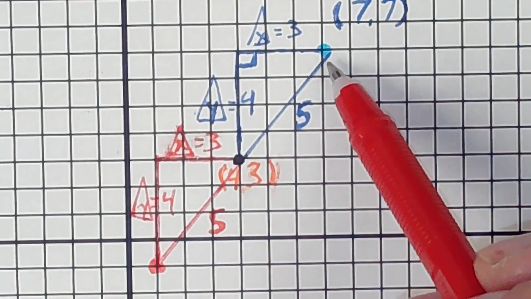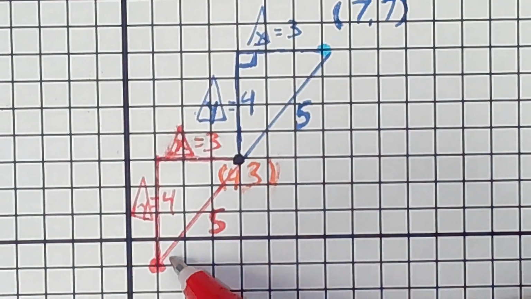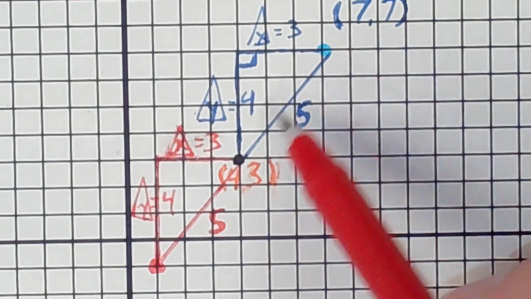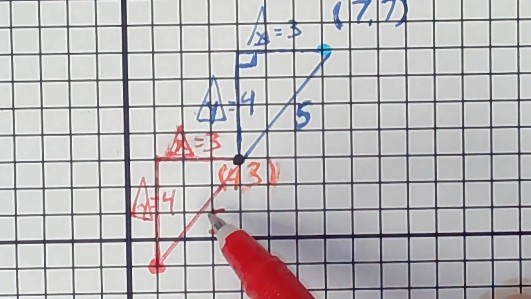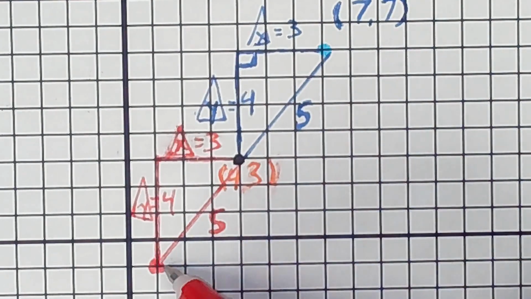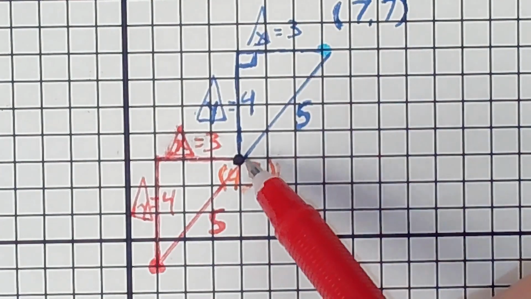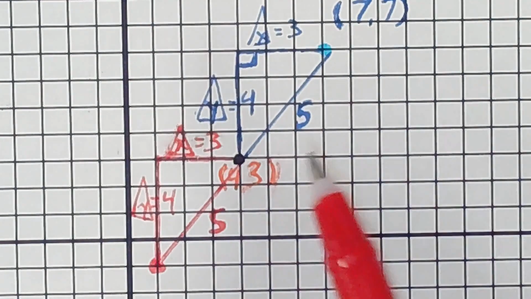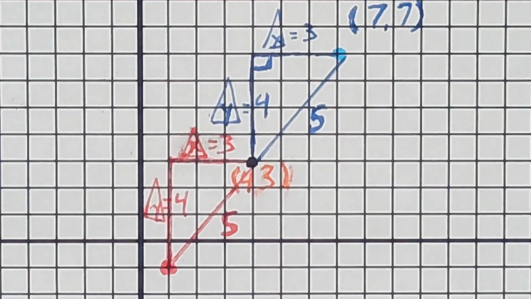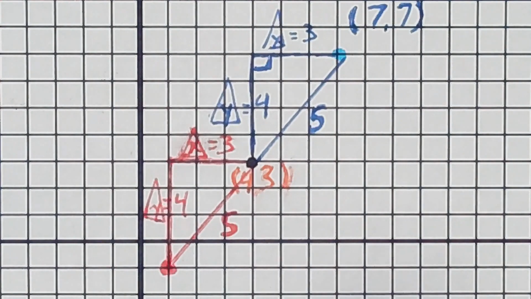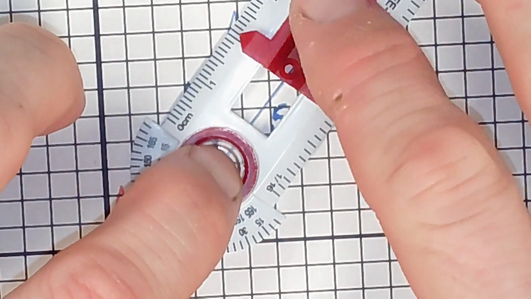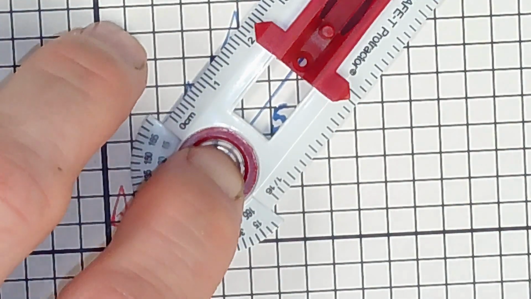Well, black bisects blue and red from each other. So blue and red is kind of like a diameter of a circle where blue is a radius and red is a radius.